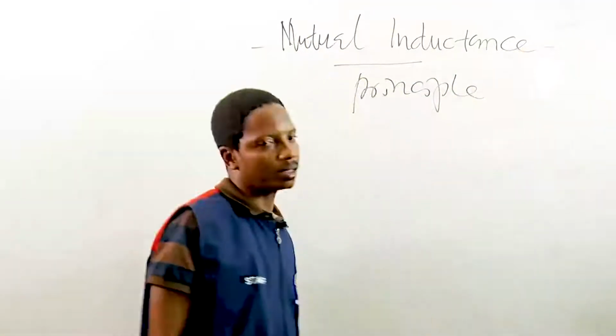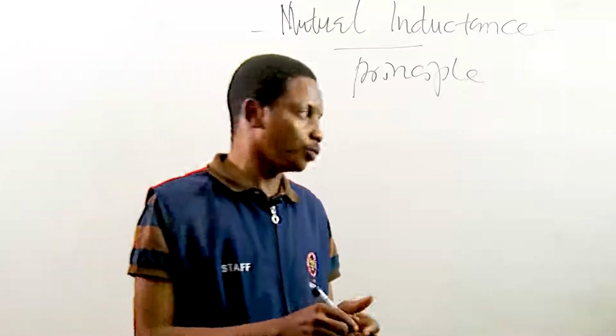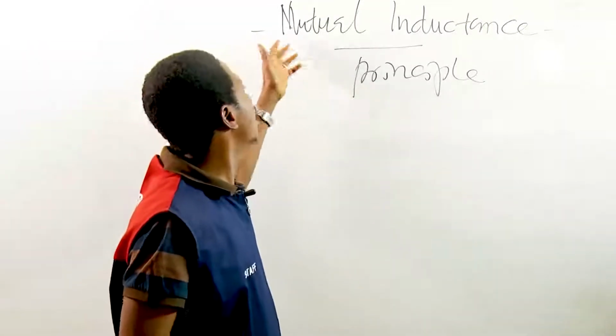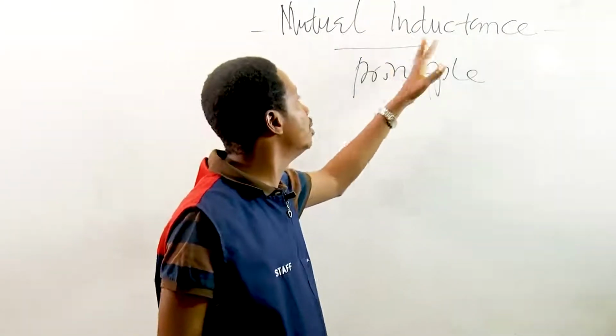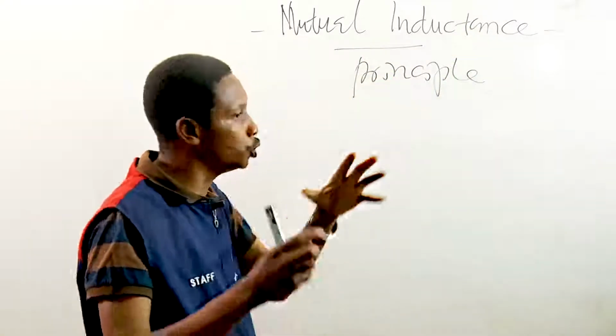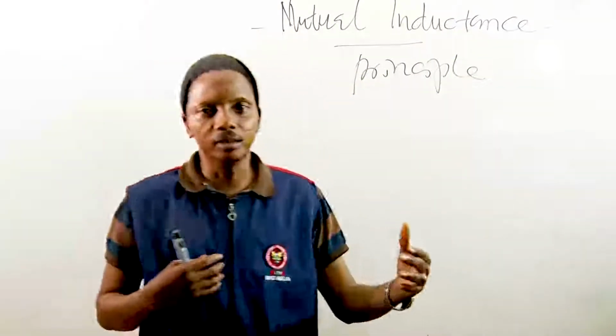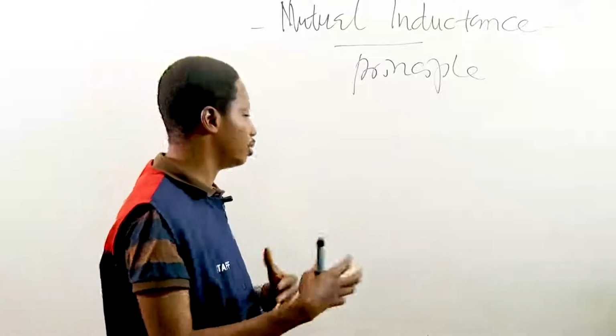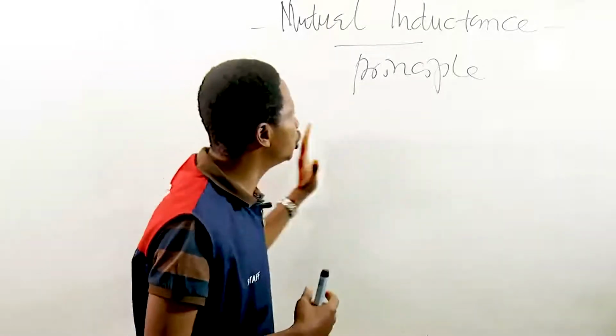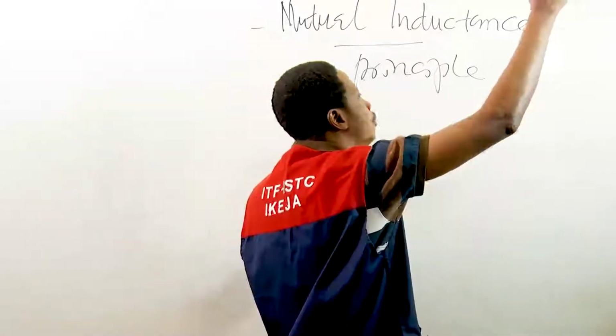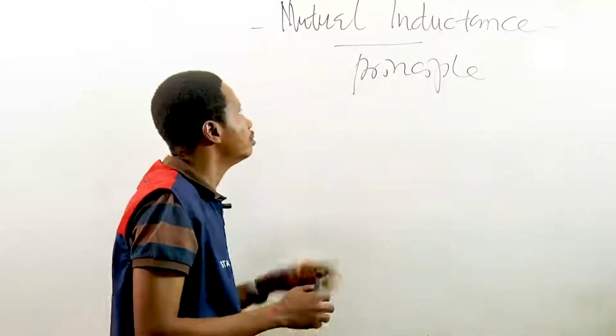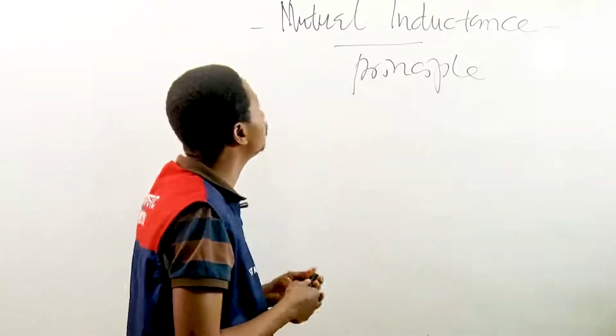Unlike an electric motor, which moves with electromagnetic induction, here it is mutual. They are sharing the frequency together. So the voltage in is either stepped up or stepped down. Mutual inductance is the principle behind it.